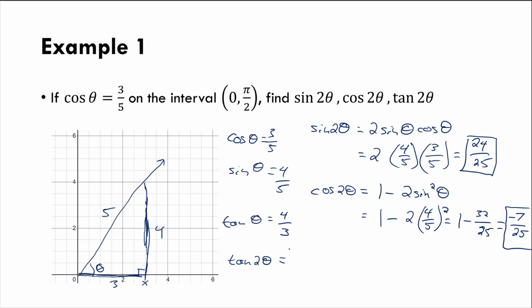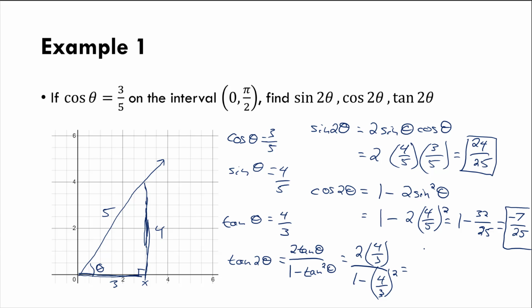Tangent 2 theta is going to be 2 tangent theta divided by 1 minus tangent squared theta. Okay, so I've got our tangent theta is 4 over 3. Okay, 1 minus now this 4 over 3 squared.